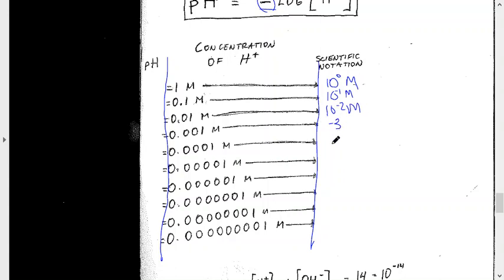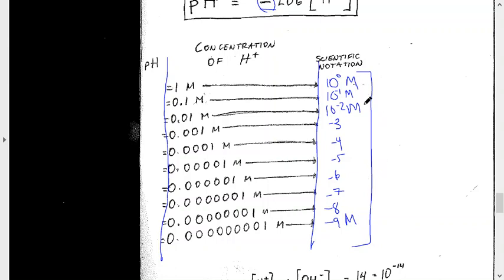So this is negative 3, negative 4, negative 5, negative 6, negative 7, negative 8, and then the last one is times 10 to the negative 9 molar, right? Which of these has the most hydrogens and which has the least hydrogens?